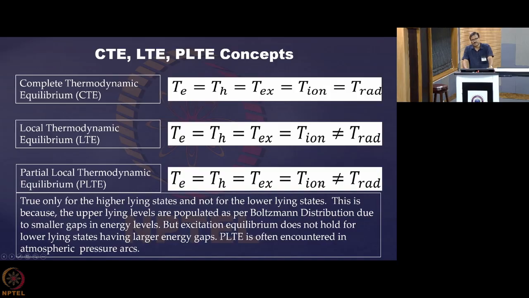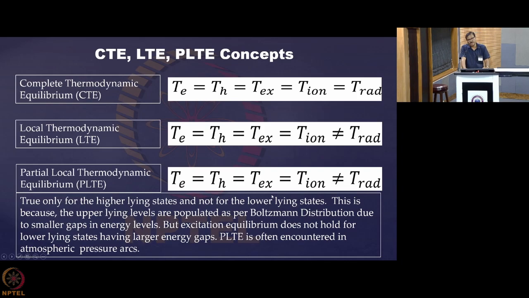But what happens is that this Te equal to TH equal to Tex equal to Ti also doesn't hold for the lower lying electronic states. This relationship remains valid only for the upper lying states, where the gap between the energy levels is less.